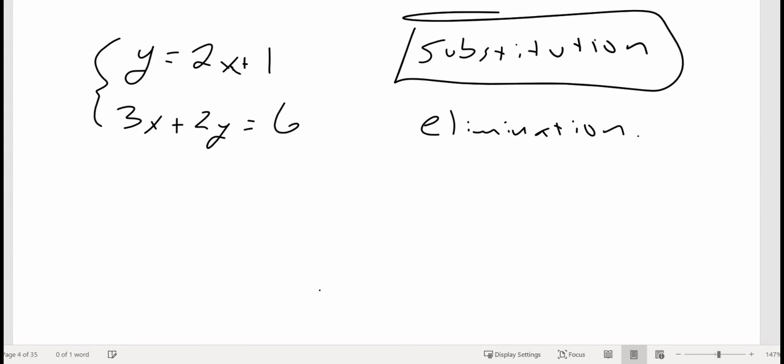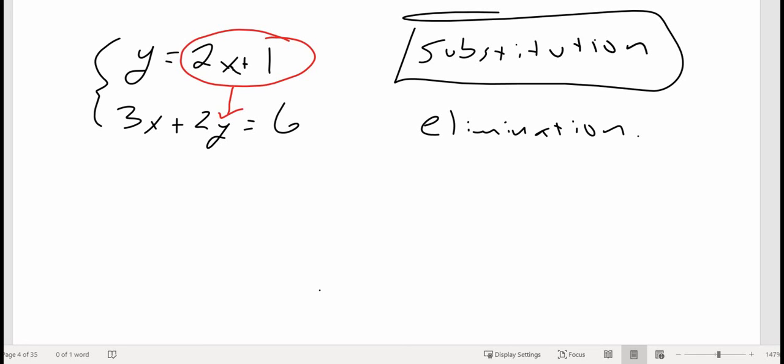I'm going to choose to use the substitution method. Substitution method says if you've got one of your equations solved for one of your variables, like this first one, y equals stuff, you can take whatever that is and replace it in your other equation. Since y and 2x plus 1 are the same, that's what the equal sign means, they're interchangeable.